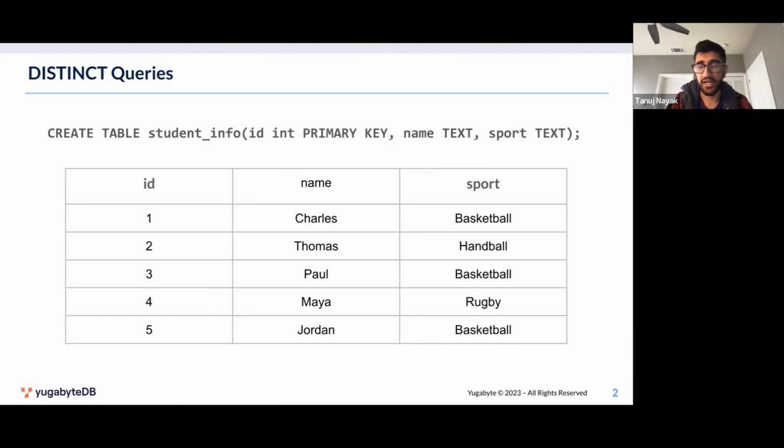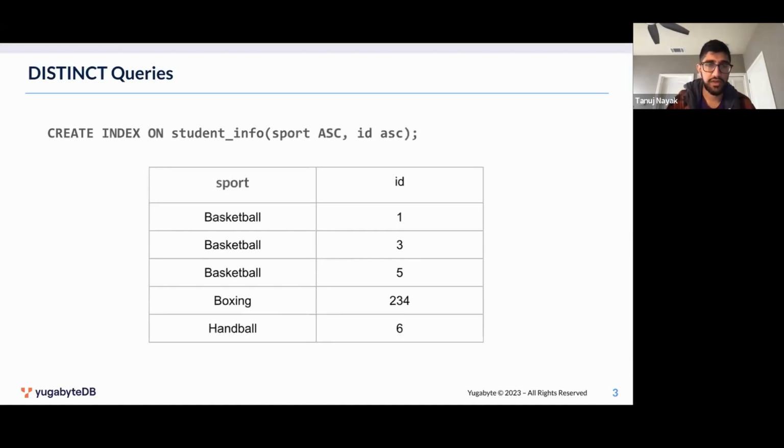The only information we care about right now is what sport they play. So we've got this table here with ID numbers, people's names, and what sport they play. Let's also create an index on these, more specifically, we create an index on sport right here.